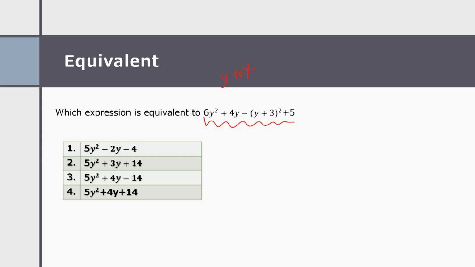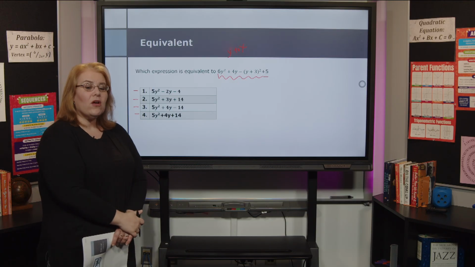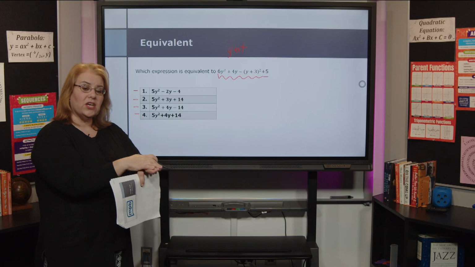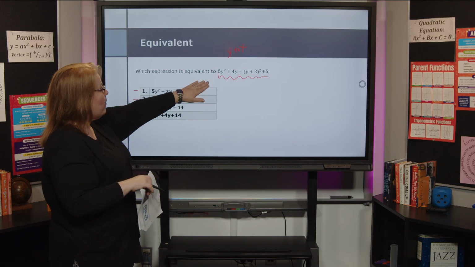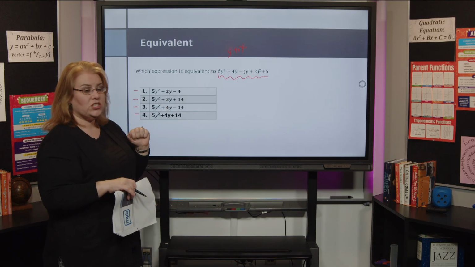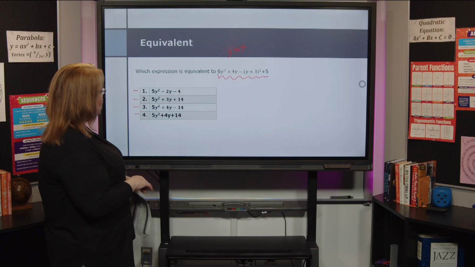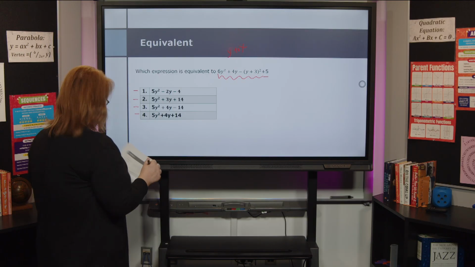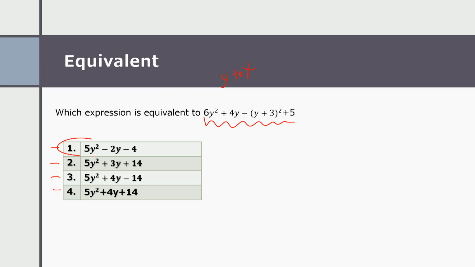And then once I have my question in Desmos, I would put each one of my answer choices in Desmos. Remember, if they're equivalent, they are going to graph right on top of each other. So I put my overall question in, and then I put each one of these answer choices in, and which one did you get? Yes, you did. You got number 1. It lied right on top of the other one. Good job.